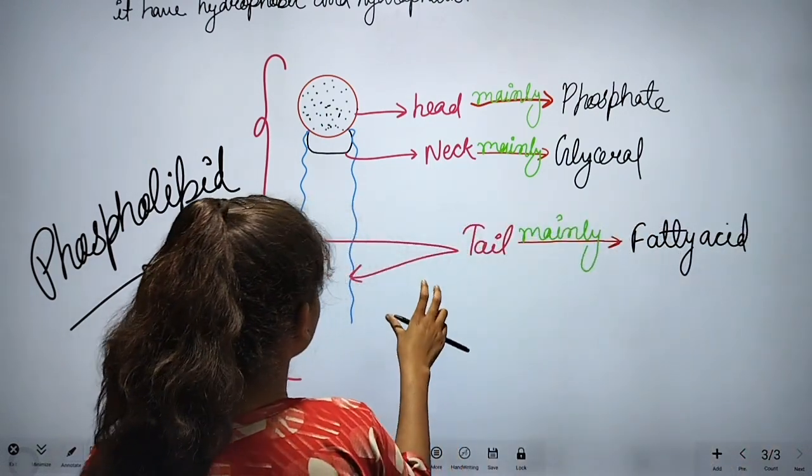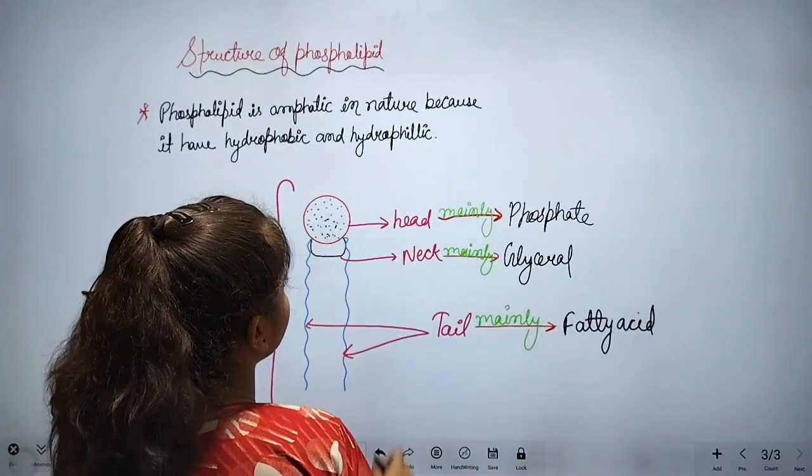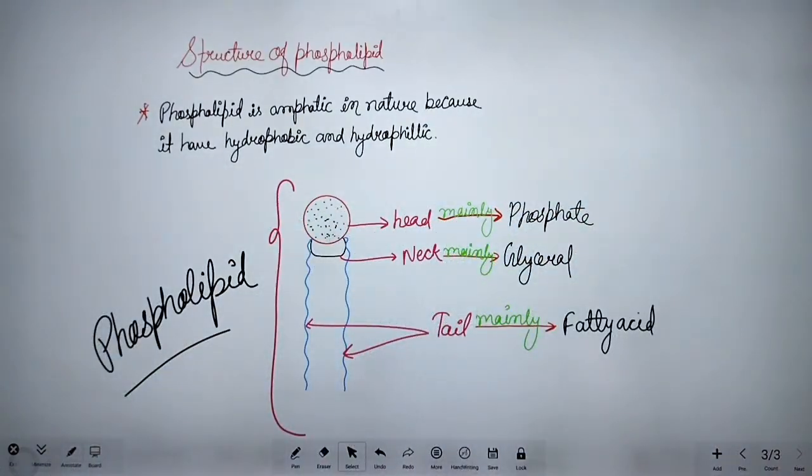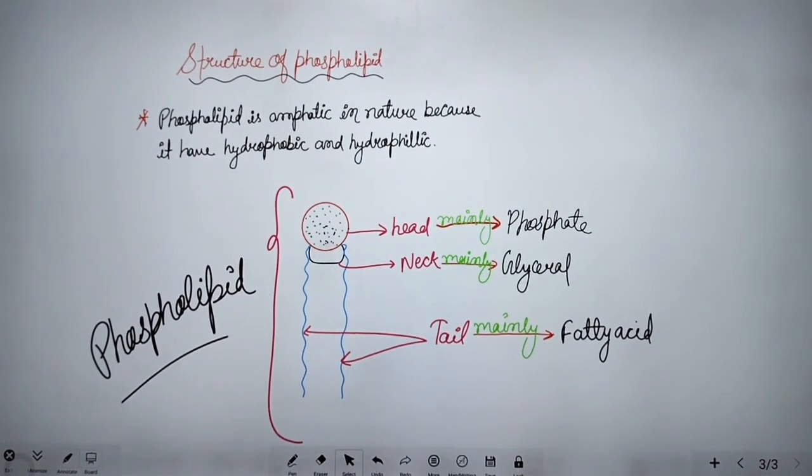Okay, so this is the structure of phospholipid. That is, the head is mainly composed of phosphate, the neck is mainly composed of glycerol, and the tail is mainly composed of fatty acid. Okay, so these are the composition and structure of phospholipid.